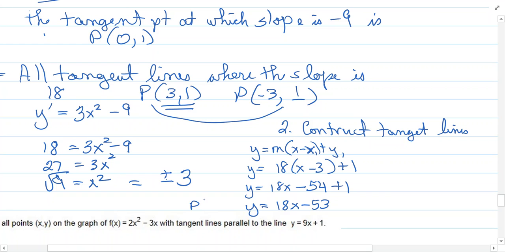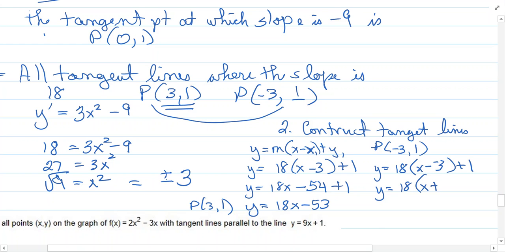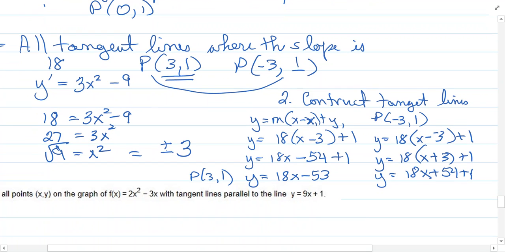This is for the point 3 and 1. Now I'm going to do it for the point negative 3 and 1. Y equals 18 parenthesis x minus the negative 3 plus the 1. Y equals 18x plus 3 plus 1. Y equals 18x plus 54 plus 1. And that one, my guys, is y equals 18x plus 55.